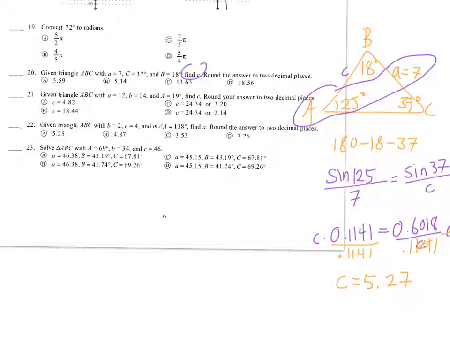That's because when I typed in sine of 125 divided by 7, I typed in sine of 127 over 7. So instead of 0.1141, it should be reading 0.1170.